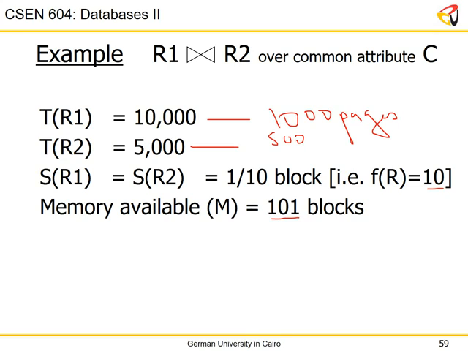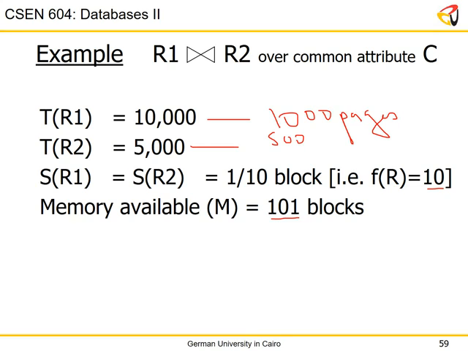So let's think of estimates for doing a join on two tables, R1 and R2, with some common attribute. The number of rows in R1, TR1, is 10,000, and the number of rows in R2 is 5,000. It's just an assumption here that the size of a row in R1 is equal to that in R2, which is 1/10 of a block.